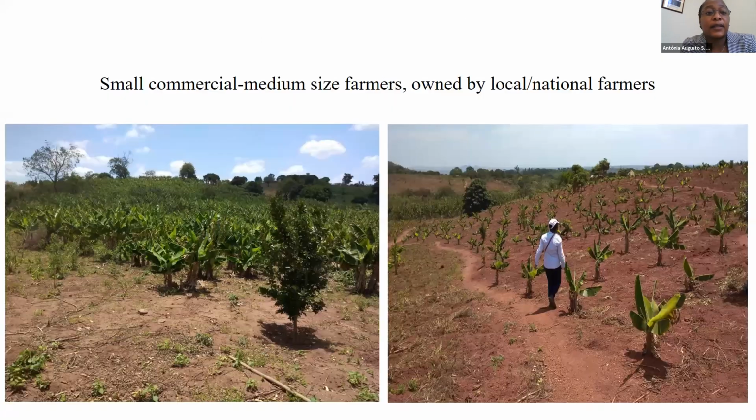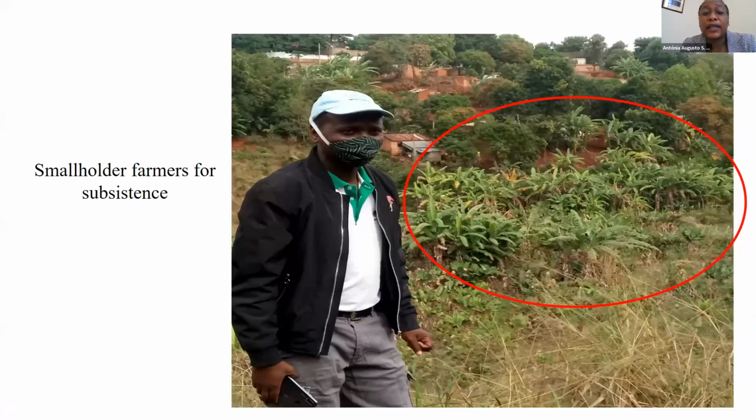This is another example of small and medium-sized commercial farms owned by nationals in the central part of the country. This is another photo showing smallholder farms for subsistence. You can see the areas are not well organized.